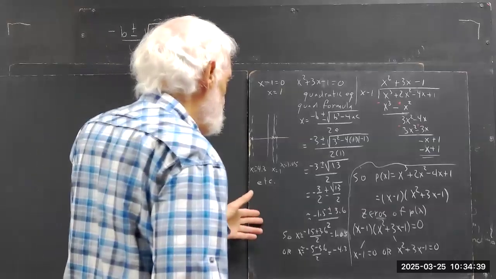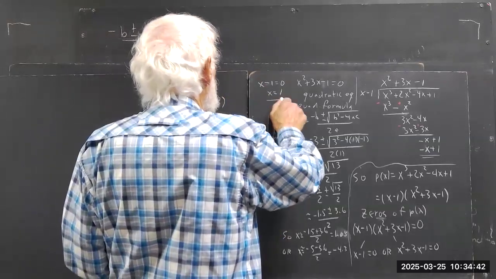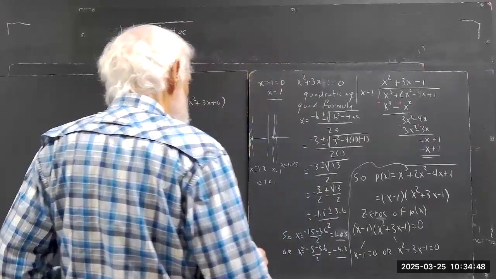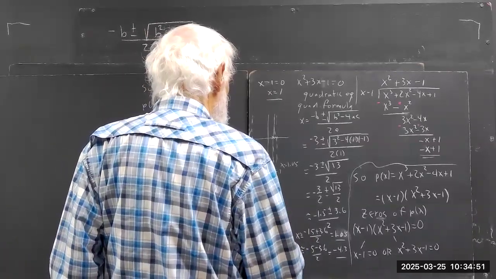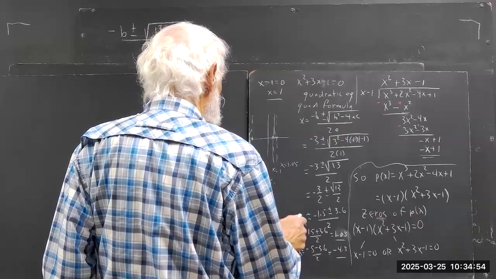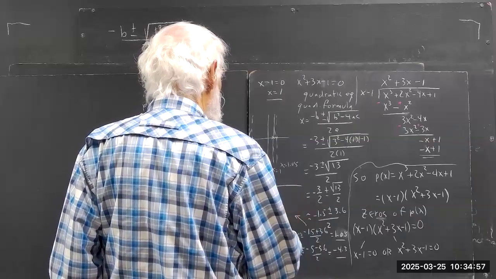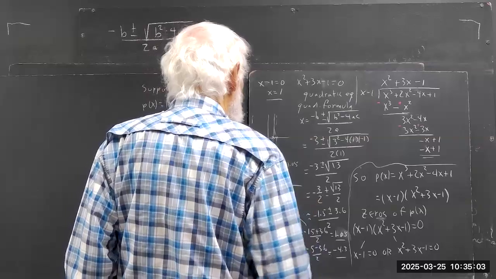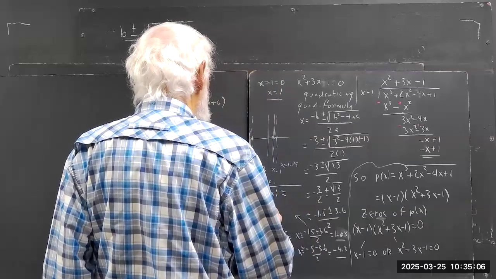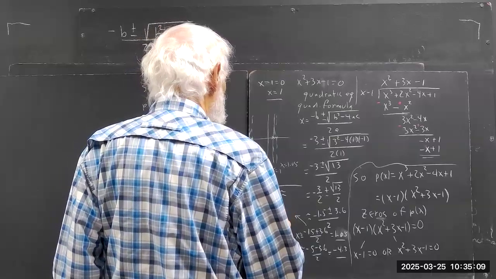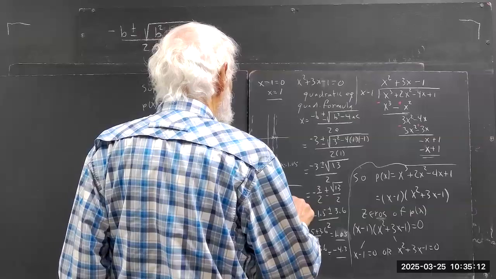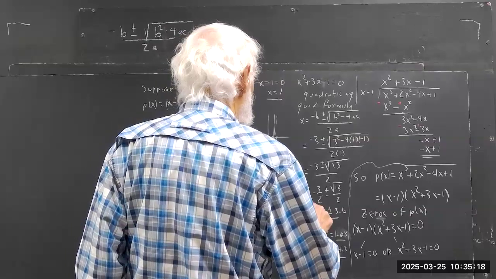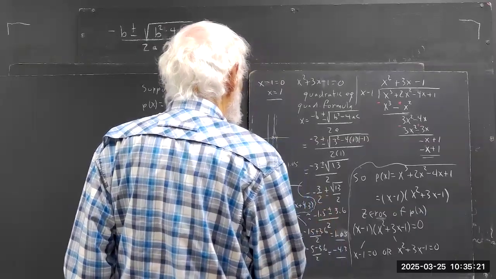One more thing I should say here. If the zeros are 1 and 1.05 and negative 4.3, we can take this information and say p of x is approximately equal to x minus 1 times x minus 1.05 times x plus 4.3.